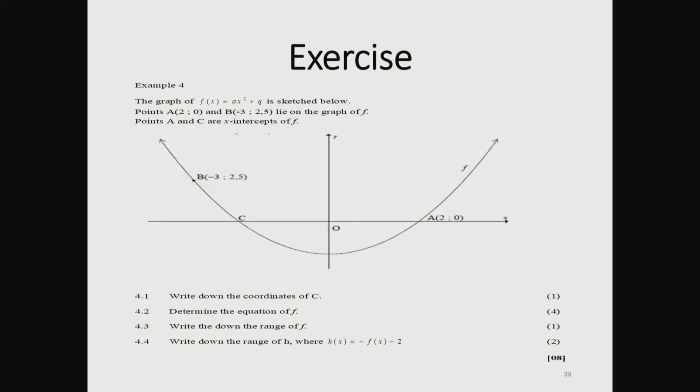Okay, write down the range of h, where h of x is equal to, what is this one here? The negative is a reflection about the x-axis, minus 2, the graph moves 2 units downwards, right? So let's quickly look at what's going to happen.